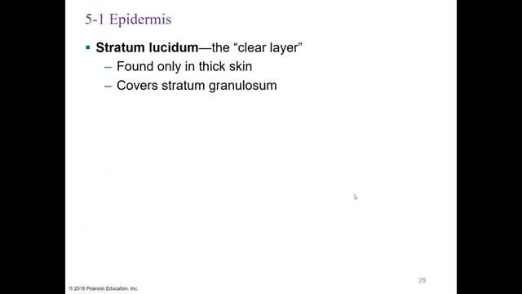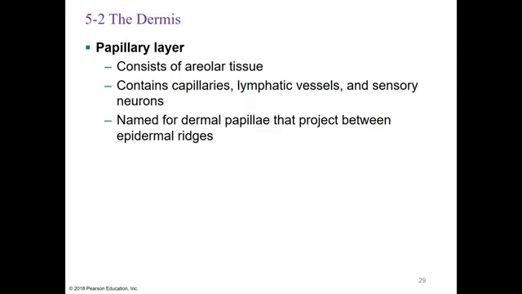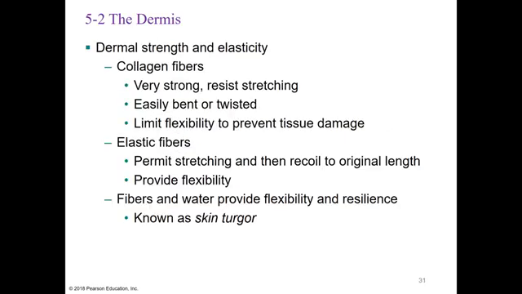Okay, so back to more dermis stuff. The dermal strength and elasticity is due to lots and lots of collagen. It's very strong and can stretch and bend and twist. Now there is a limit to it.